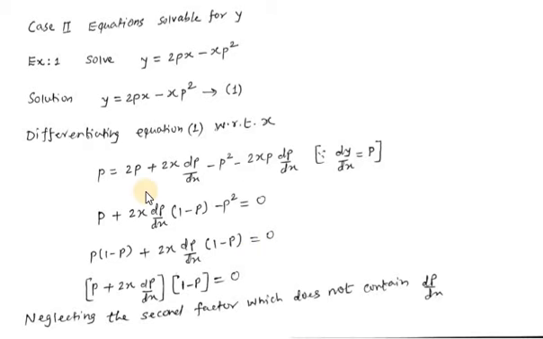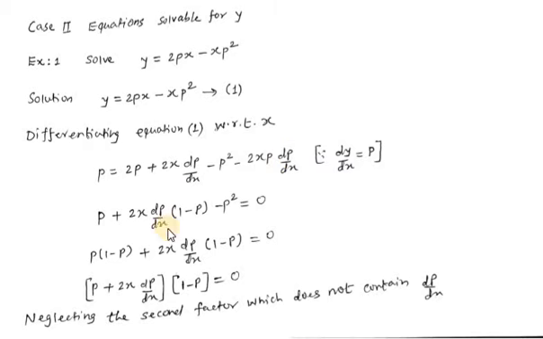Then after we have to simplify this equation. You can see that this is plus 2p and this is minus 1p. So plus 2p minus 1p, the result is 1p, and over here from this term and this term, you can see that we have common term, that is 2x dp by dx.